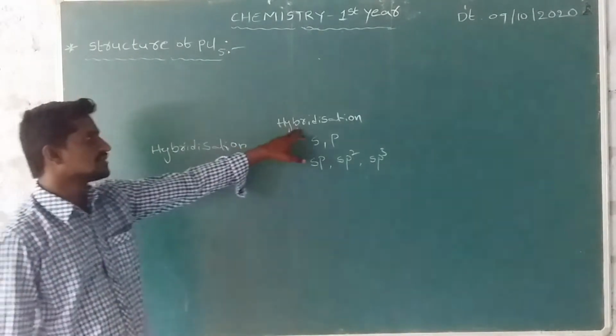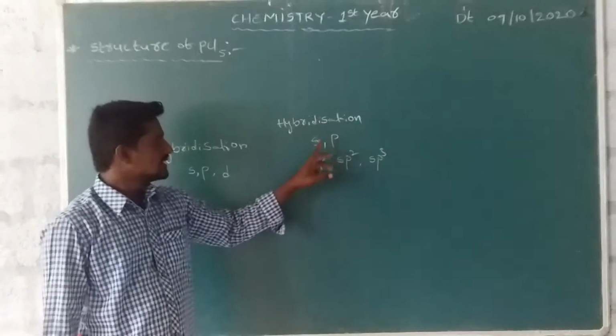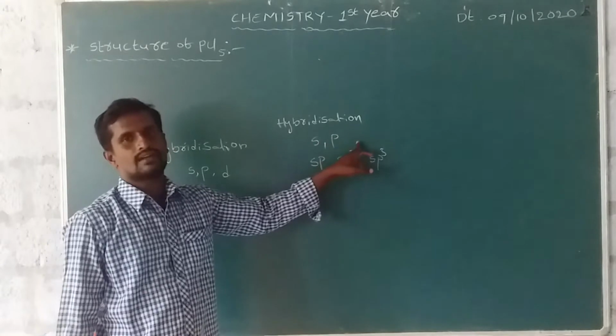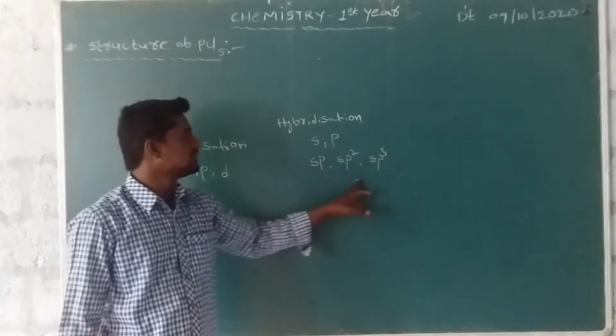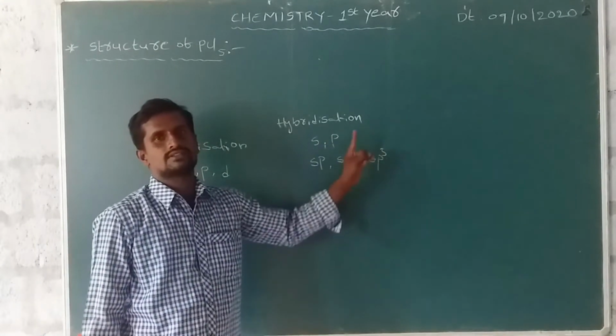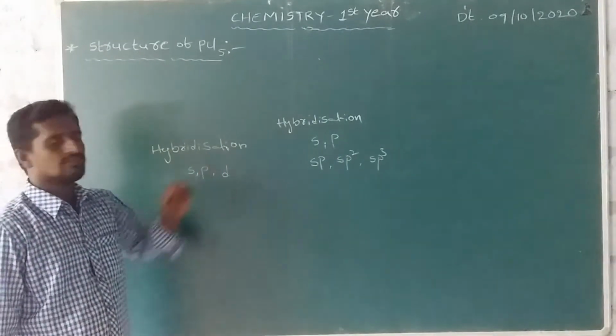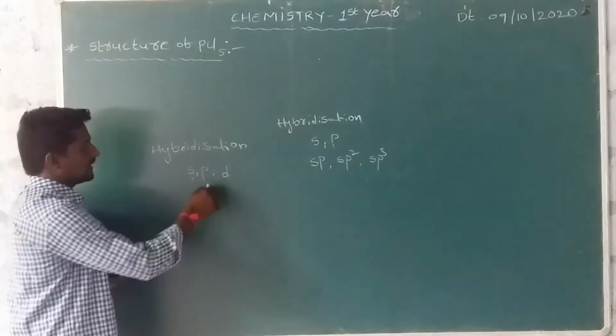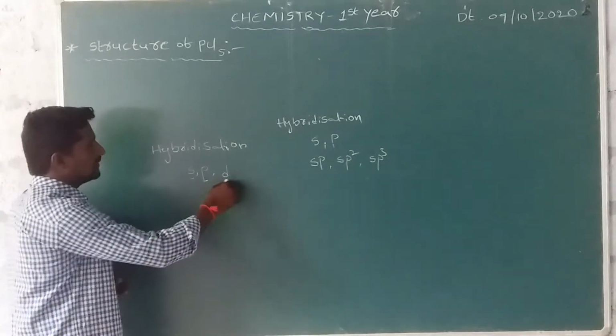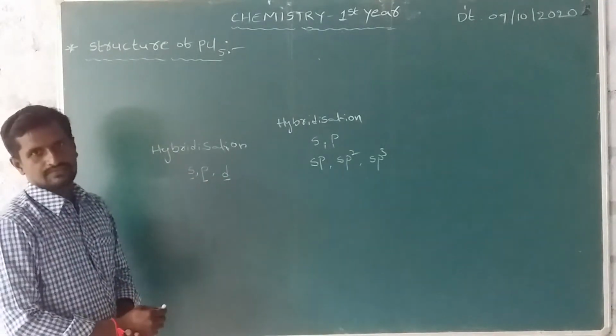Hybridization involving only s and p orbitals can be classified into three types, which I discussed yesterday. Next, the hybridization involving s, p and d orbitals.